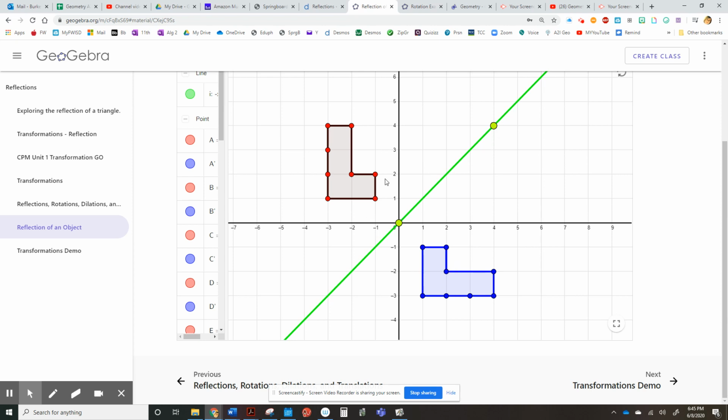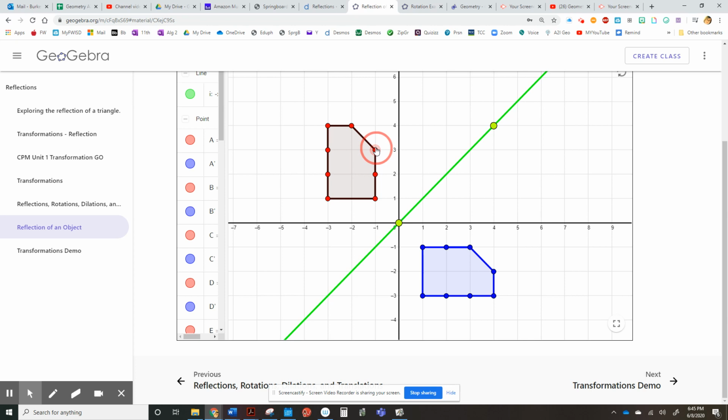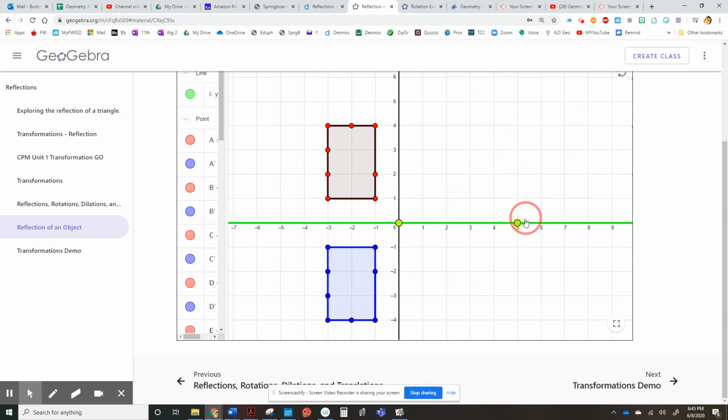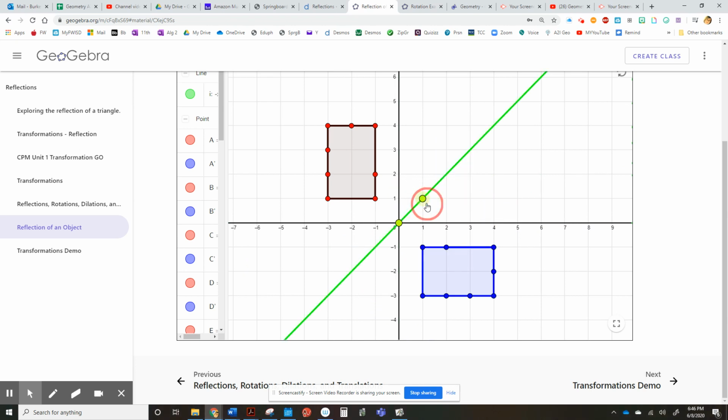But what you can do is change this, and as you change this, this changes. And you can also move your line of reflection. So there's across the x-axis, here's across the y-axis, and here's across the y equals x line. So this is another one that you can play with.